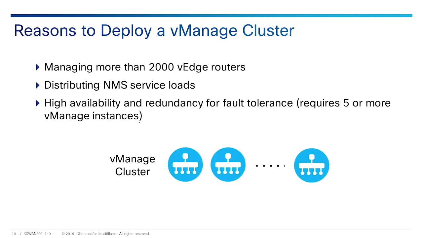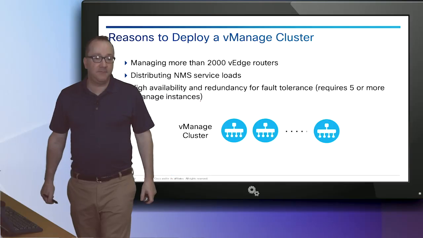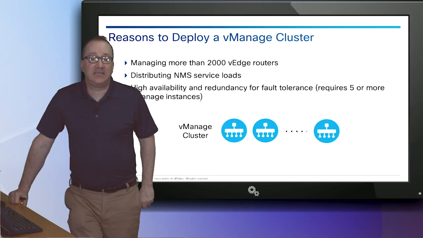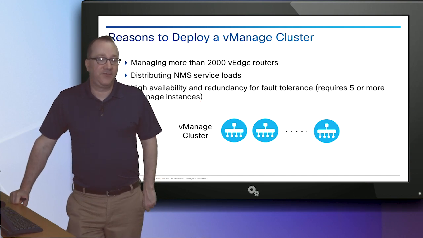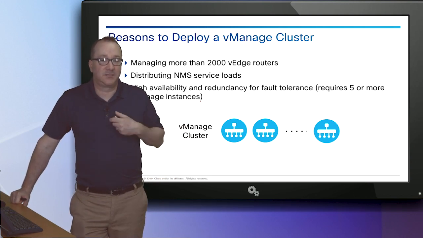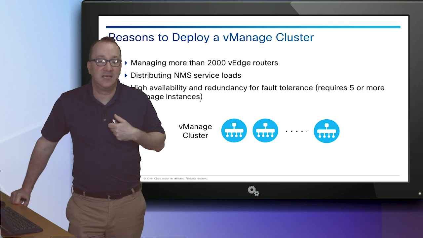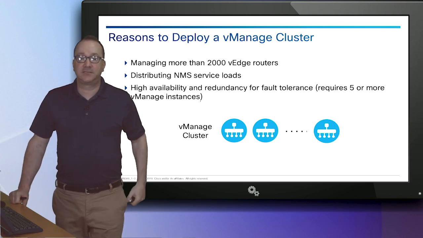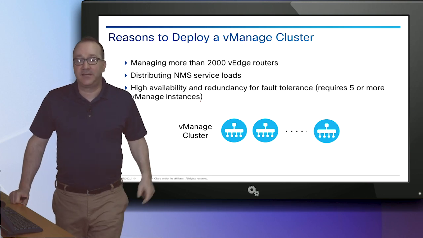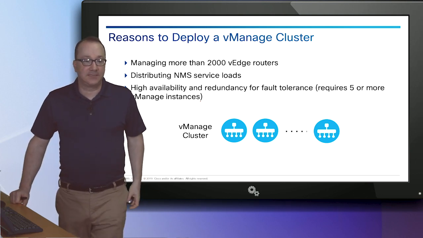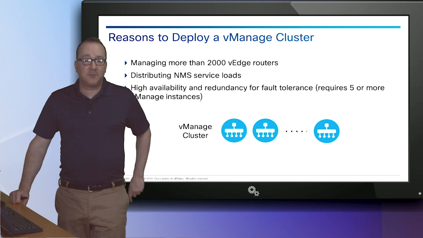All right. So the vManage cluster is going to consist of at least 3 vManage devices, which provides the scalability. Each vManage supports approximately 2,000 devices. So a cluster of 3 vManages can support up to 6,000. They automatically load balance devices between the devices they manage. It also provides HA.